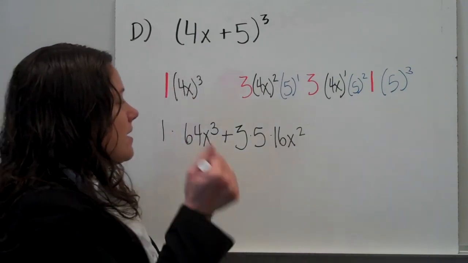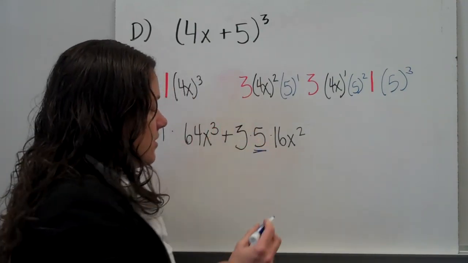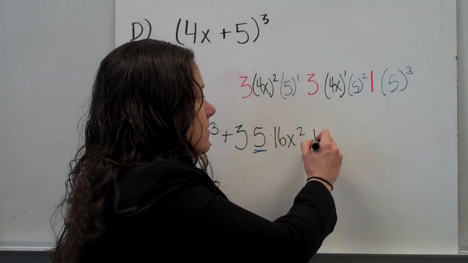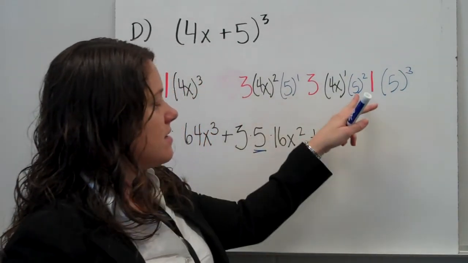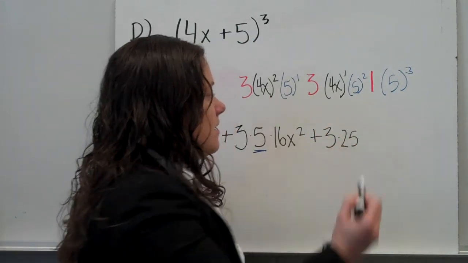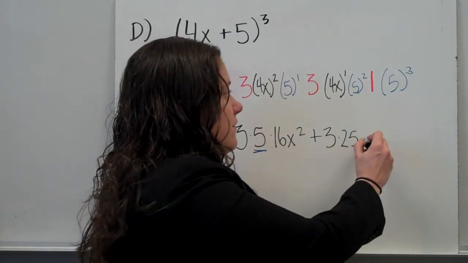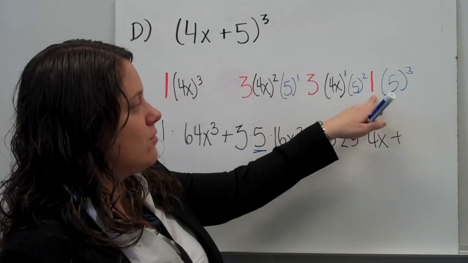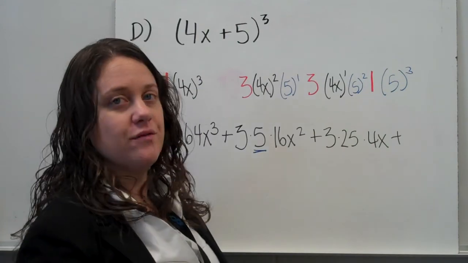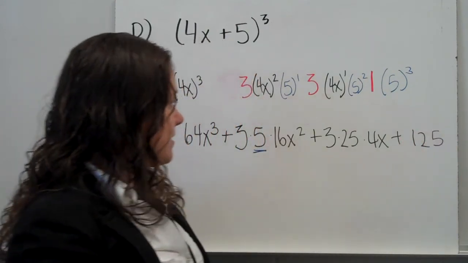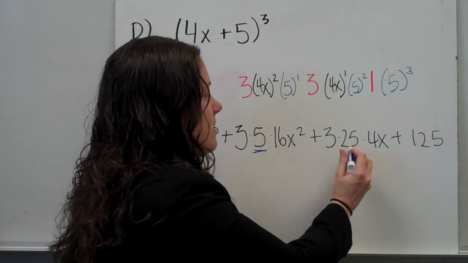Alright, so maybe I can do this so you know that that is the blue part. Okay, now, here I have plus 3. Now I have 5 squared, so times 25. And then I have just 4x because it's to the first power. And then a plus sign, and I have 1 and 5 to the third. So 5 to the third is 125. Okay, so again, the 25 came from here.